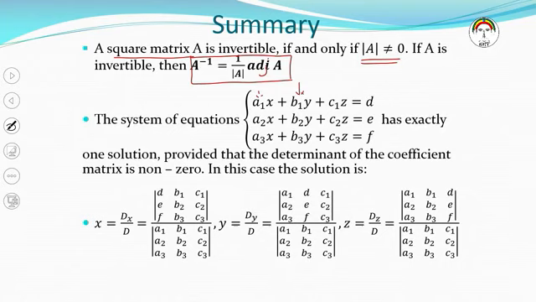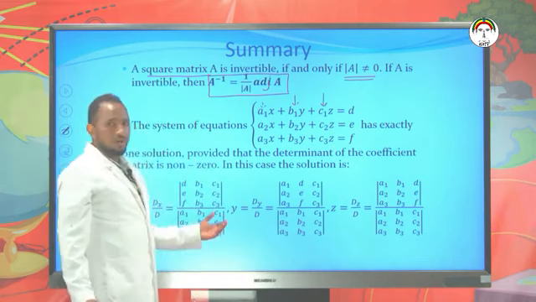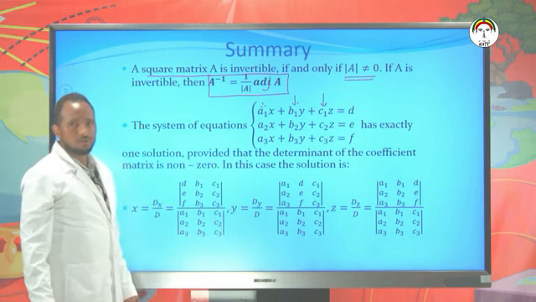And z is equal to dz over d, where dz is the determinant of the coefficient matrix where the coefficient of z is changed by the solution. So this is the formula to solve a system of equations applying Cramer's rule.